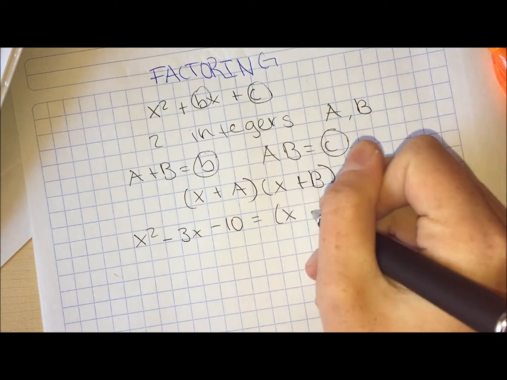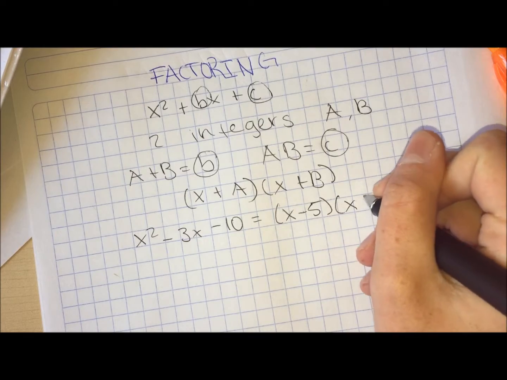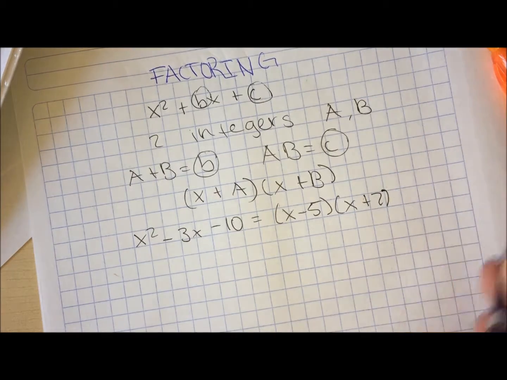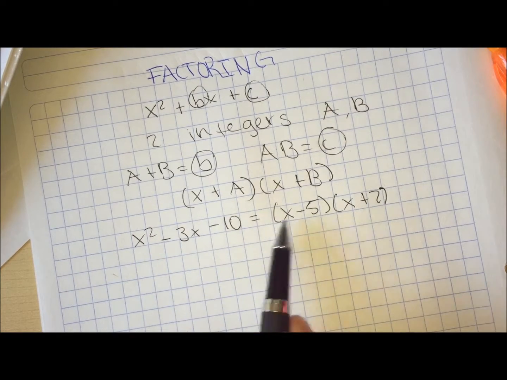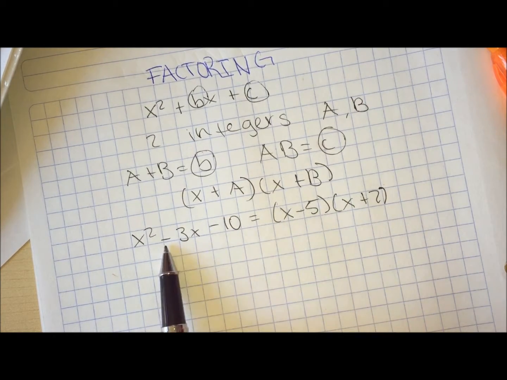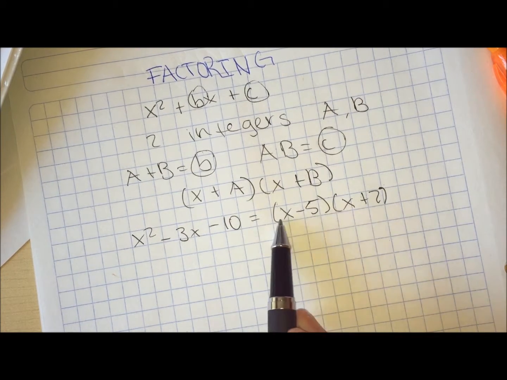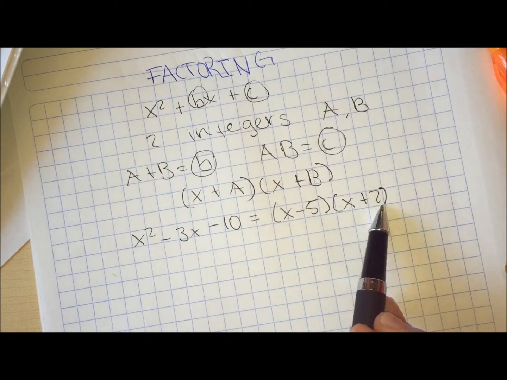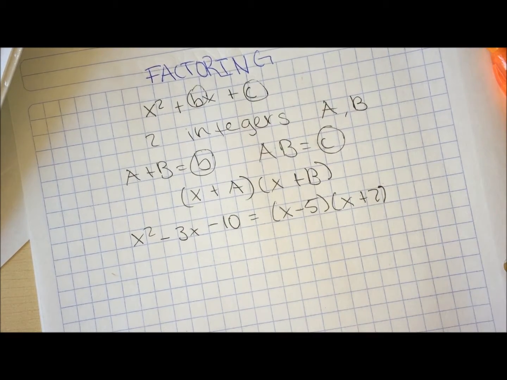So we write (x minus 5)(x plus 2). This gives us the first x squared, x times x. Minus 5 plus 2 gives us minus 3x. And minus 5 times 2 gives us minus 10.